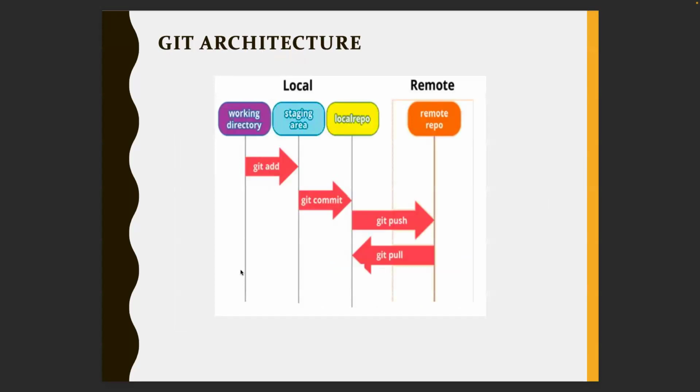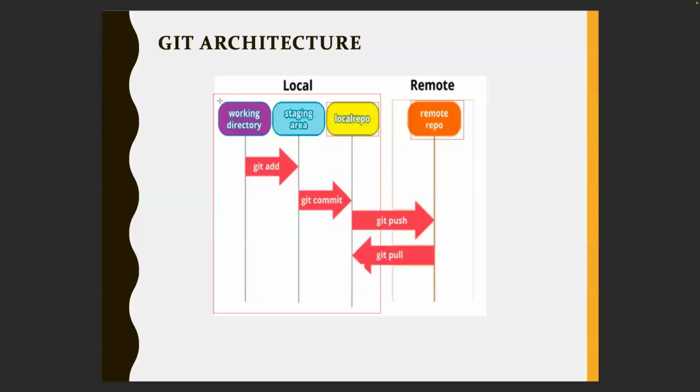Right. So now let's get into the architecture of Git in particular. We learned the architecture in general. This is your workstation, your computer. You will have a local repository, which is a copy of the remote repository. This is the local repository, and this is the remote from where you are copying and creating the local repository.